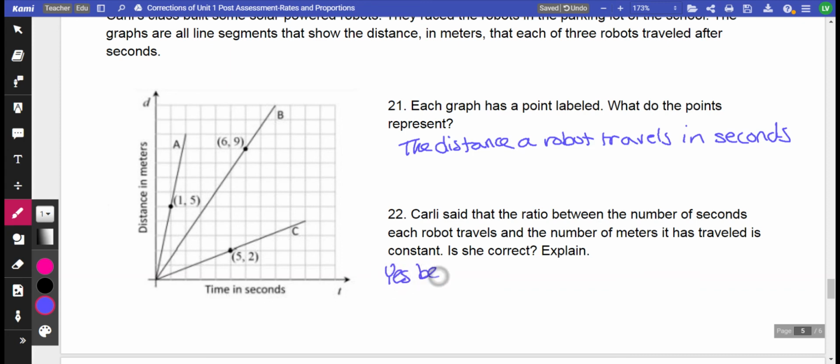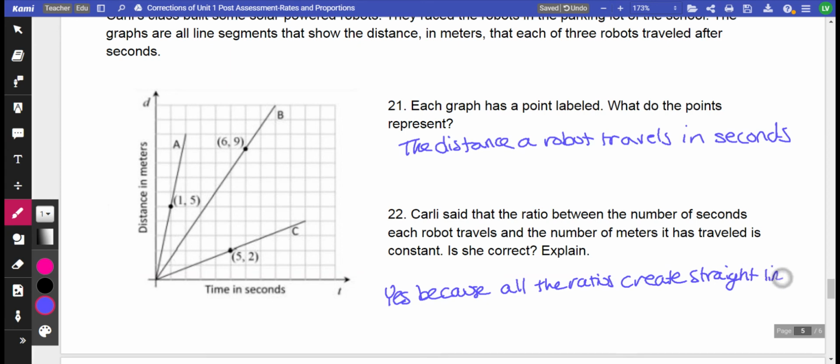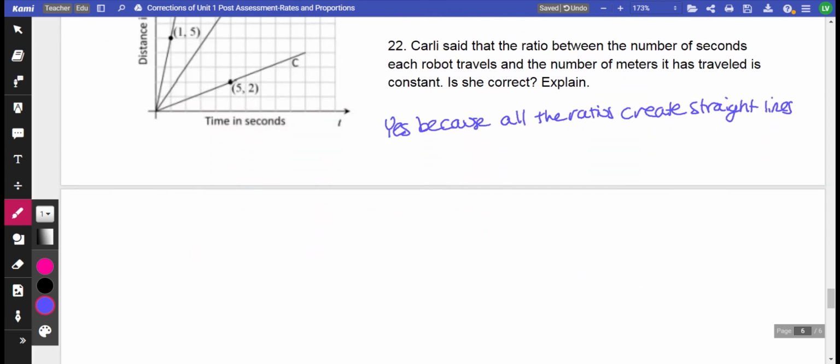Yes, because all of the points, all of the ratios create straight lines. All right, last problem.